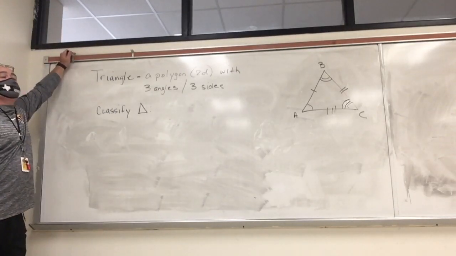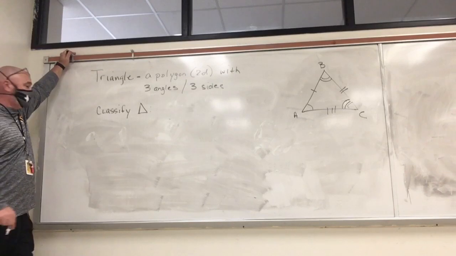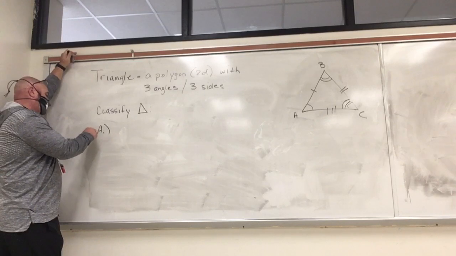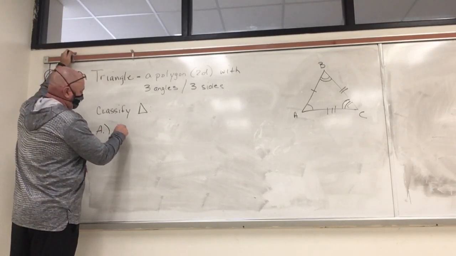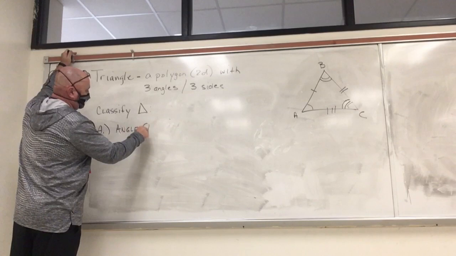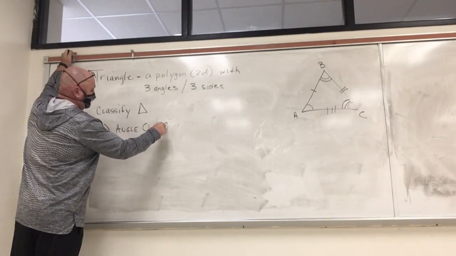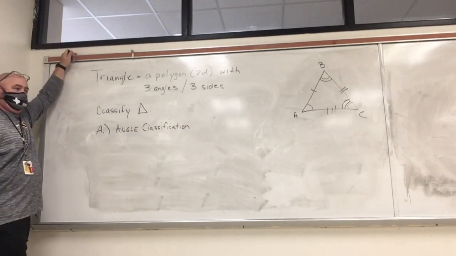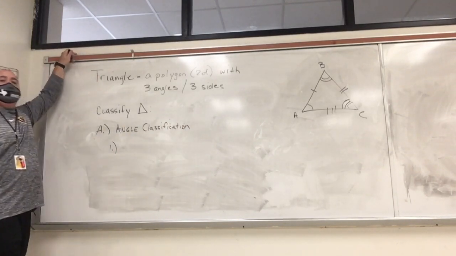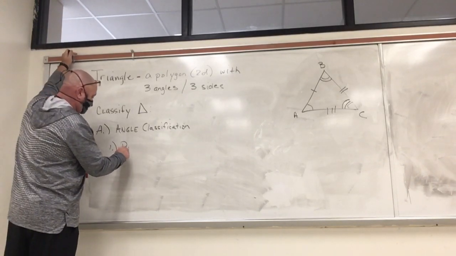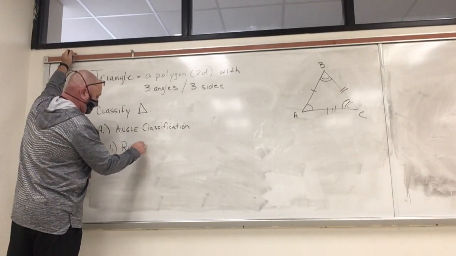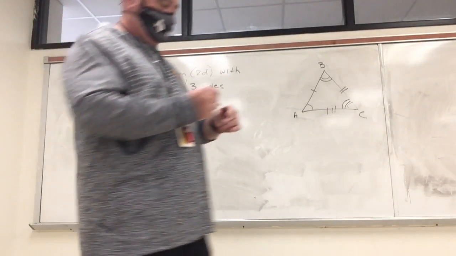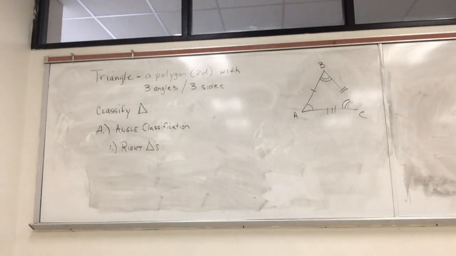To classify triangles by their angles, we'll start out real simple. Angle classification. Number 1, we have right triangles. Now, don't be like other classes.